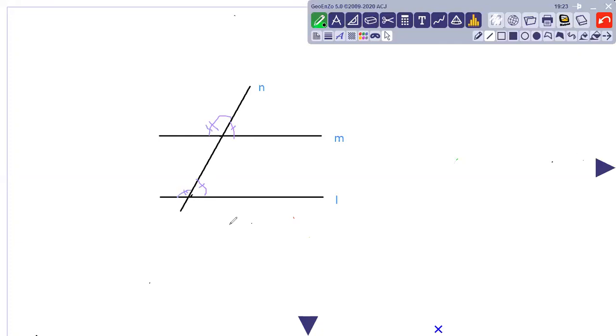This is corresponding angles. Similarly, these and these are also corresponding angles, and they are equal. Similarly, this angle and this angle are also corresponding angles, so they are also equal.